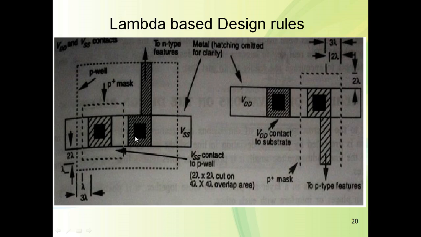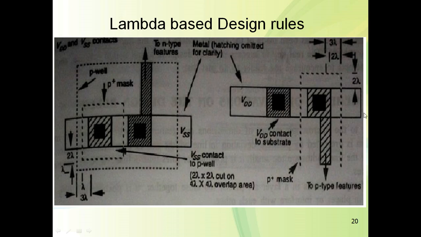There is a cut, a connection between the diffusion and metal, and a connection between VSS and metal, VSS and this P-well. There will be a contact between VSS and the P-well, which is needed in the case of a CMOS device. Likewise, this is the substrate layer, and the connection between VDD and the substrate will be done by this contact cut.